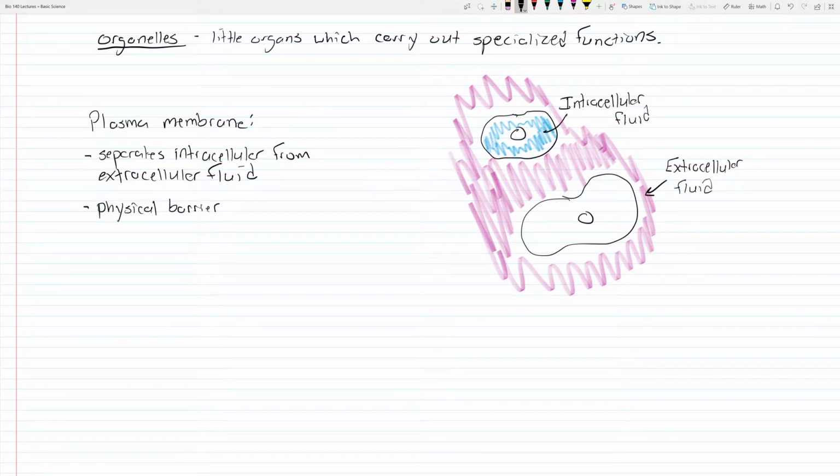Kind of like your skin is a physical barrier. It keeps the outside environment from actually getting inside. It also controls how fast things enter and leave the cell, so it is a transport regulator.